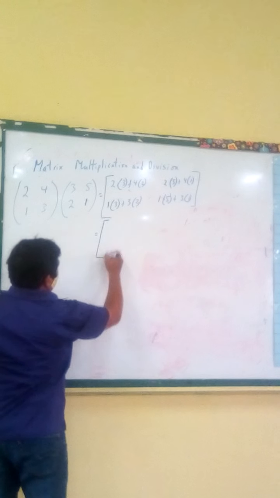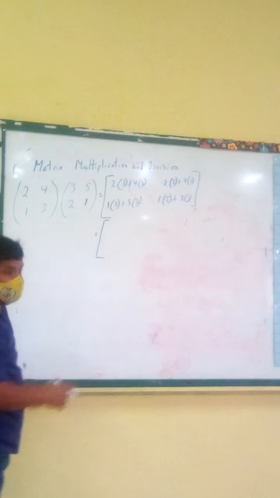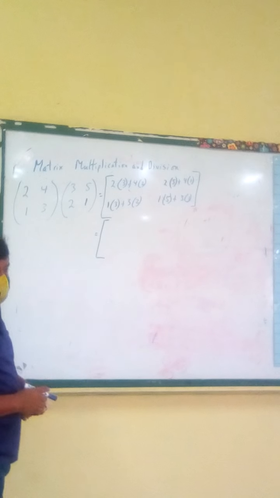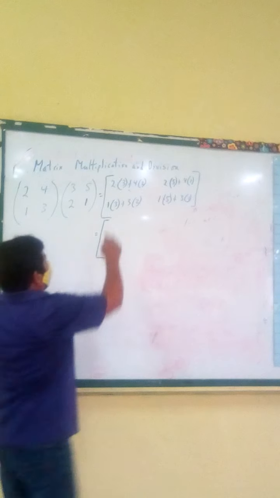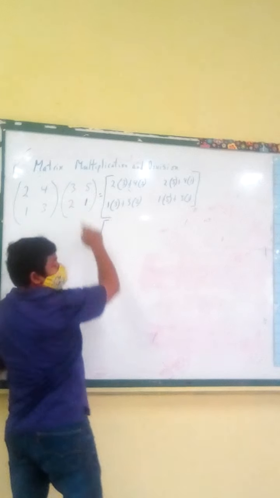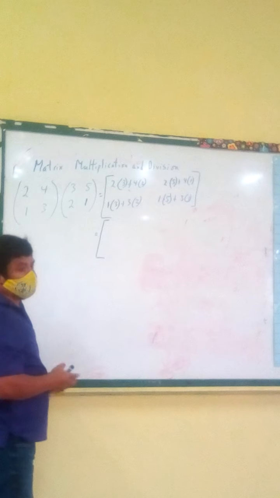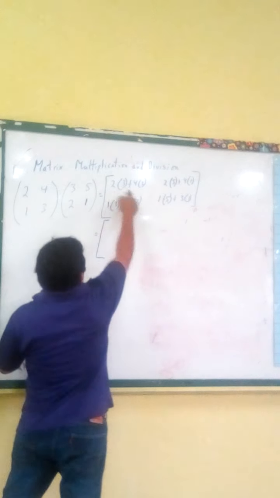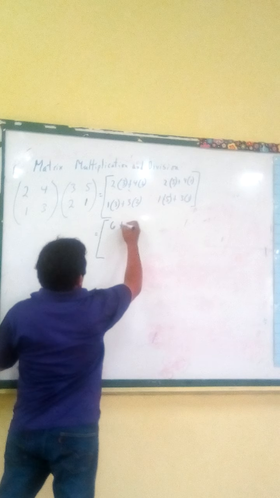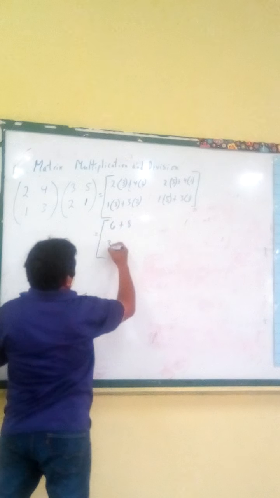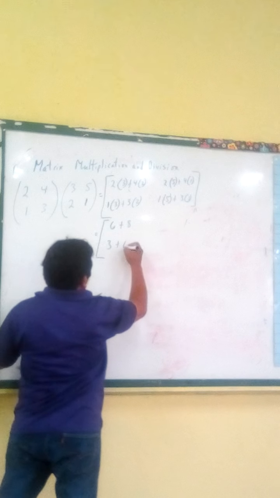Again, I'm just showing you all of the steps for your multiplying. Okay? My advice is that you use brackets to represent multiplication. Some people like to use the dot, but what if this was a decimal? You get yourself confused, right? So my advice is to use brackets. So 2 times 3 is going to be 6 plus 4 times 2 is 8. 1 times 3 is 3, 3 times 2 is 6.